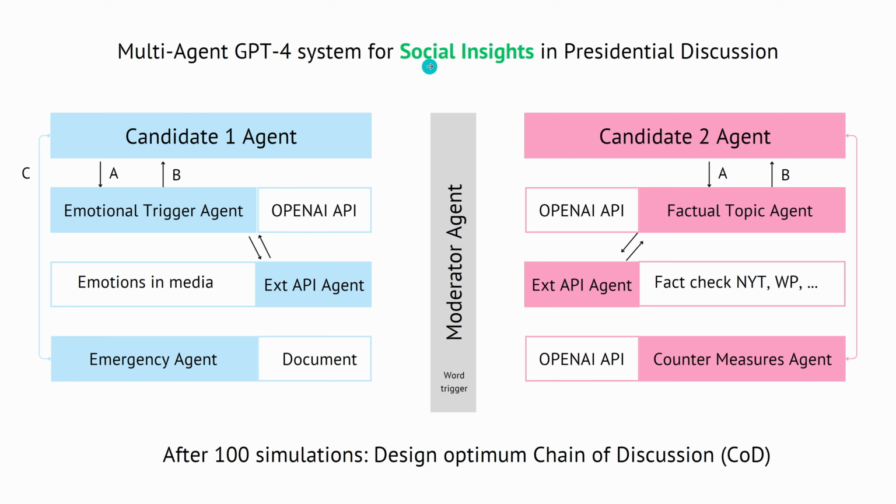And you see why social insights is so important, and the power of OpenAI APIs. And remember, the intelligence behind all of these boxes, except now where you have an external API, where you go to the New York Times, Washington Post, or whatever you have, it is GPT-4 or ChatGPT.